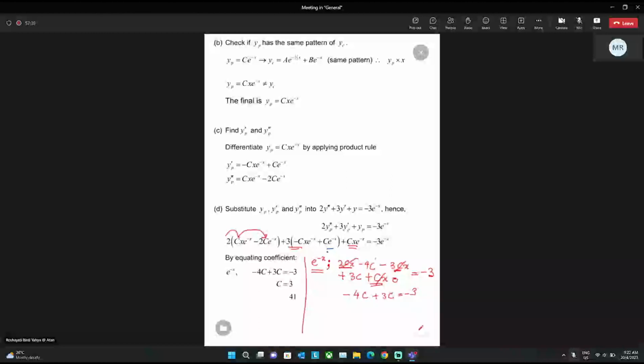So yang ini you selesaikan dapat negatif C sama dengan negatif 3. Boleh cancel. So C sama dengan 3. Right? Okay. Boleh? Ada soalan lagi?